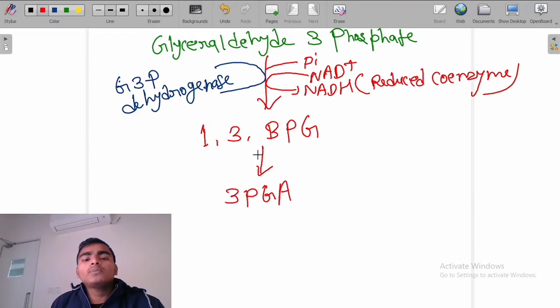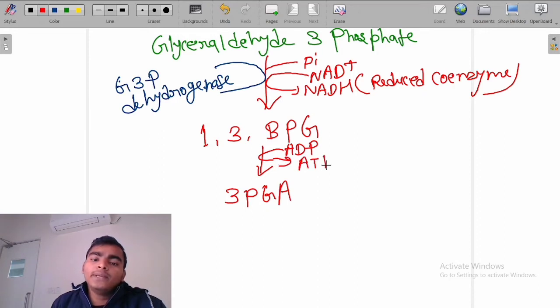So now one of the phosphate molecules is going to be utilized, and which one? The phosphate molecule which is present on the first prime carbon is going to be devoted to ADP. Now ADP, which is present in the cytoplasm, will get this particular Pi and it will be converted into ATP.